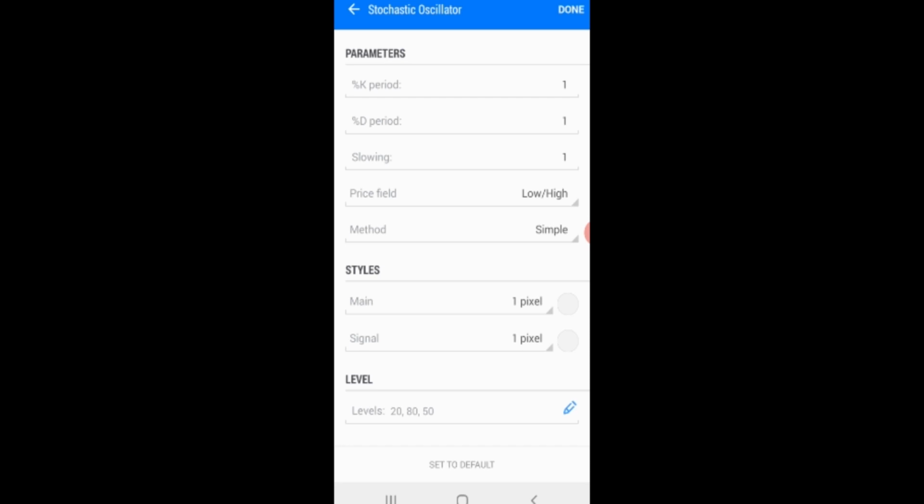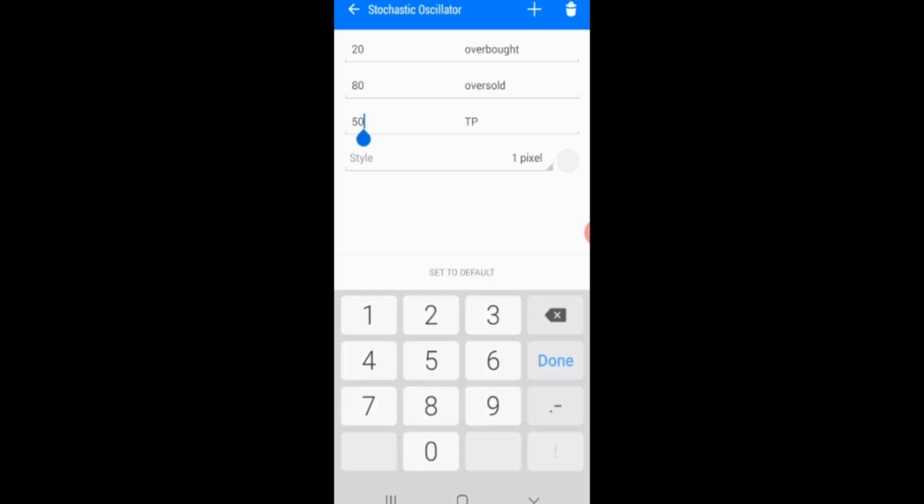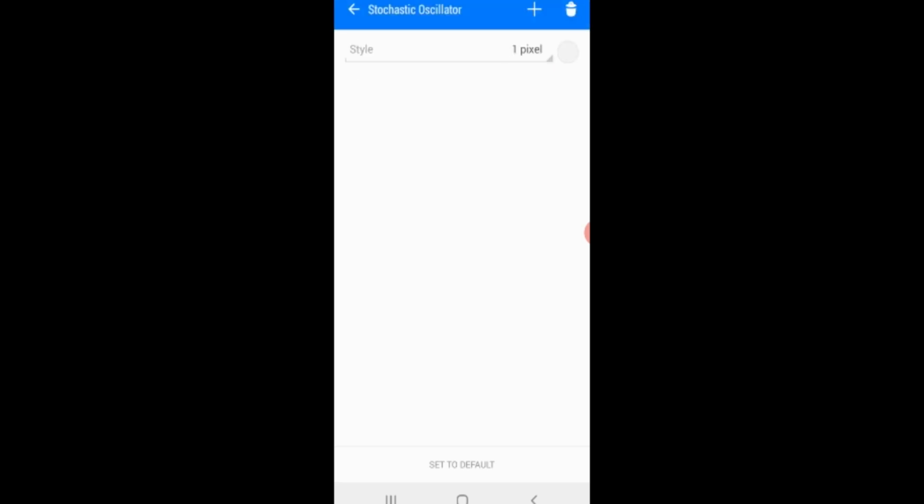Just the way you see it on the screen now, this is how you should set your stochastic oscillator. I know many people don't know how to set the levels, but this is how you set them. Let me delete them so I can set them again. To set a level, you just click this add button.